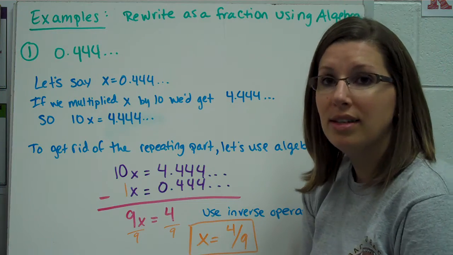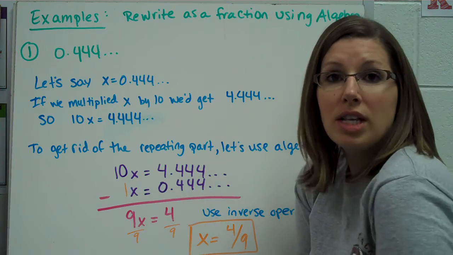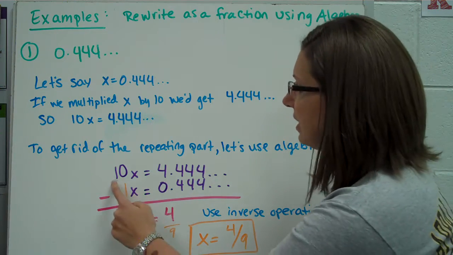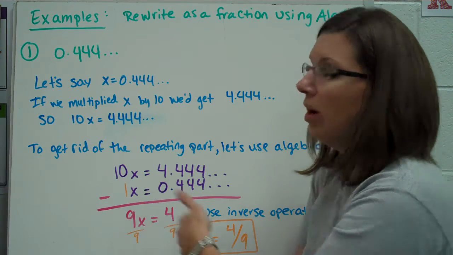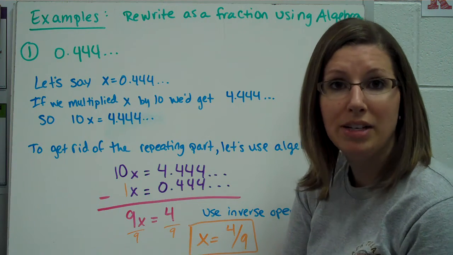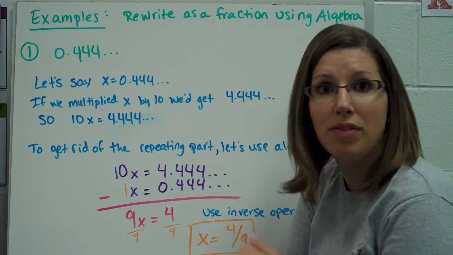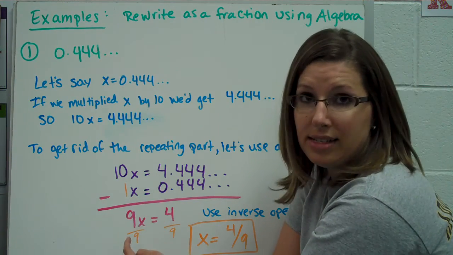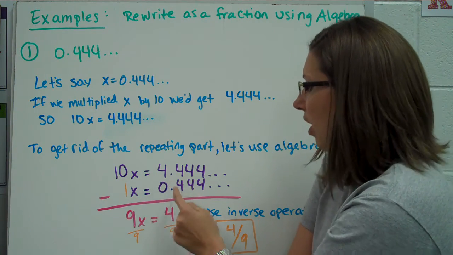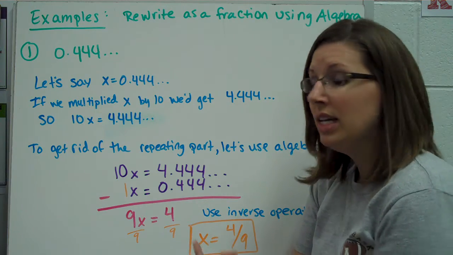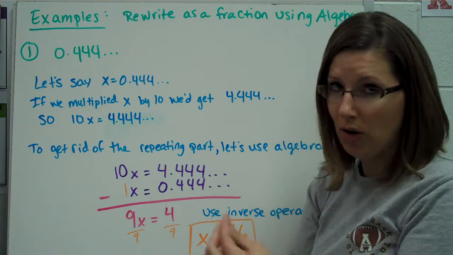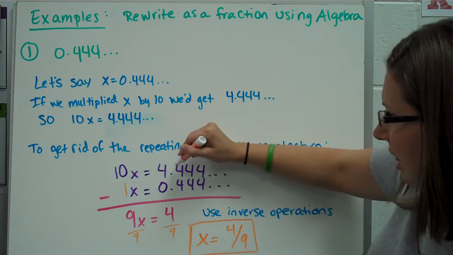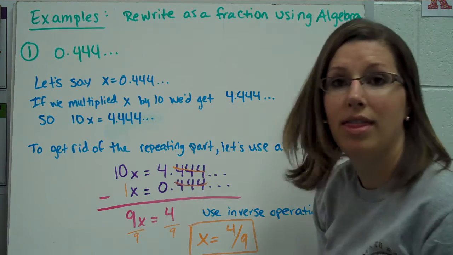I'm going to subtract straight down, just like you would a 2-digit number. 10x take away x. Well, when x is by itself, there's an imaginary 1 in front of it. It's like having one of those. So 10x take away 1x is 9x. 4.44444... repeating, take away 0.4444... repeating, gives us 4 by itself because this cancels out with this.